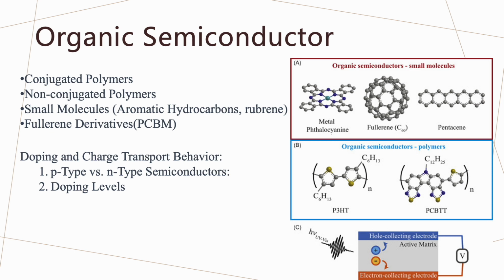They offer good electron transport properties. The choice between P-type and N-type organic semiconductors depends on the desired charge transport behavior. Doping can be crucial for tuning charge carrier concentration and improving charge mobility in OFETs.